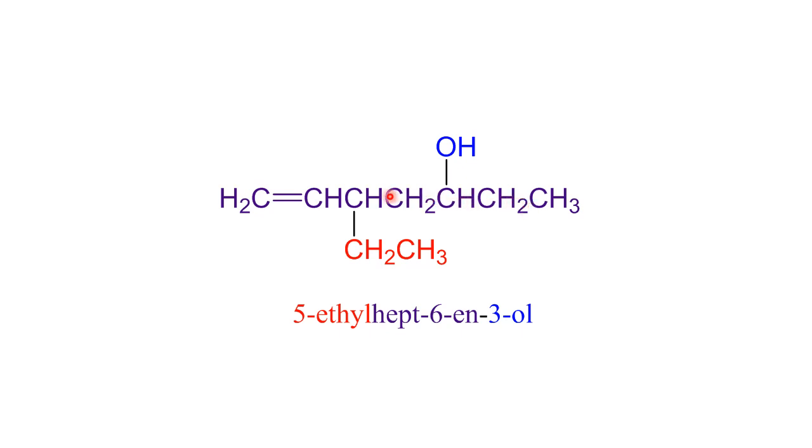2, 3, 4, 5, 6, 7. We select the longest chain containing the double bond here, guys. If we have two longest chains, we select the longest chain containing the double bond. So the longest chain is 1, 2, 3, 4, 5, 6, 7, hepta.